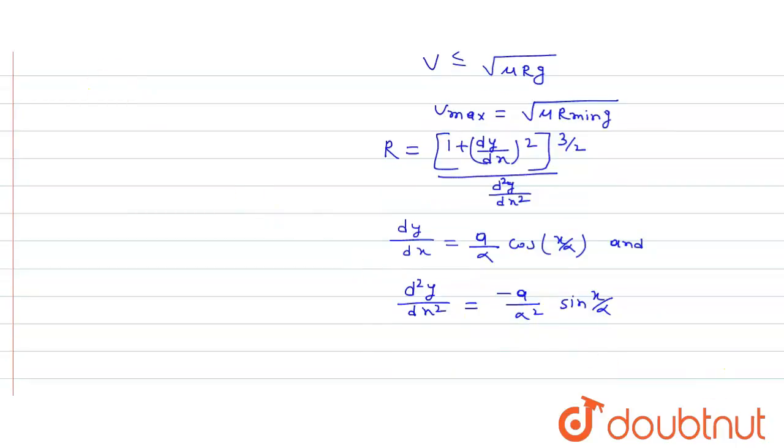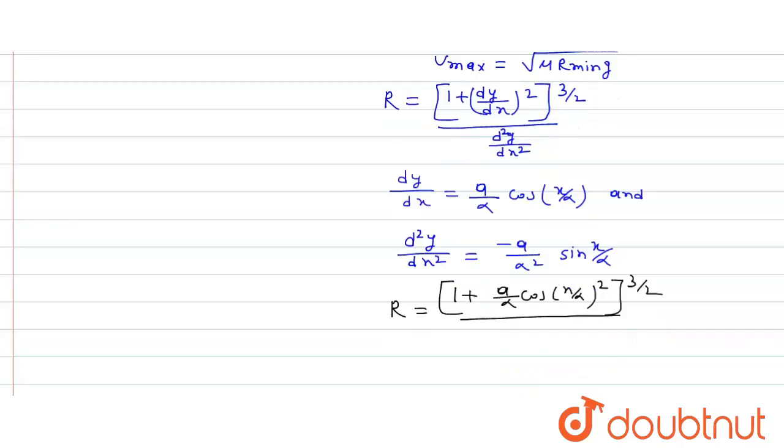Now r, the radius of curvature, is equal to (1 + (a/alpha cos(x/alpha))^2) to the power 3/2 upon minus a upon alpha squared sin(x/alpha).